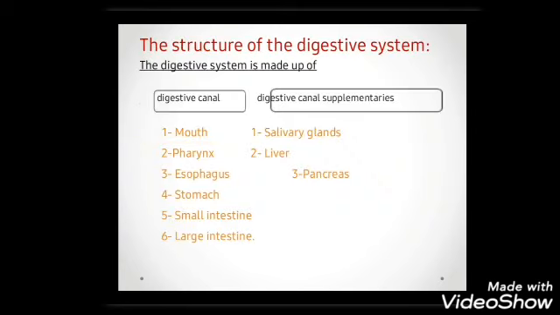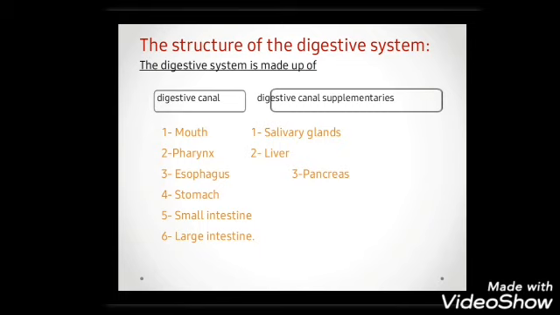Okay? Now I will talk about the organs in the digestive system, or the structure of the digestive system. You have to know that the digestive system consists of two very important parts. Number 1, digestive canal. Number 2, digestive canal supplementary.